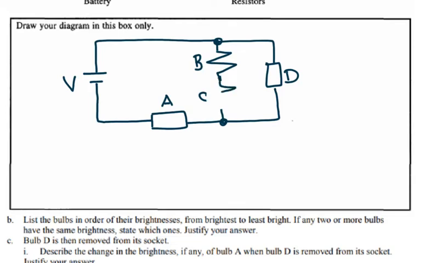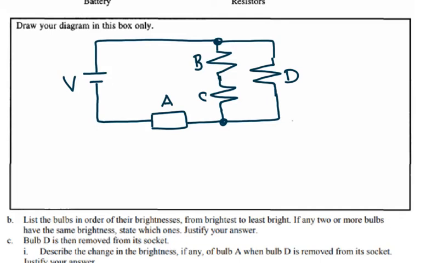I'm not sure if on the AP exam they would mark you wrong if you did the other one, like the ones that I did. But yes, they like these guys. So I redrew them.